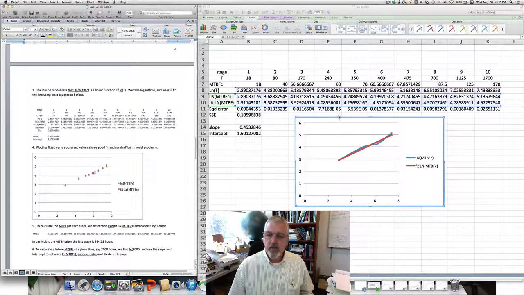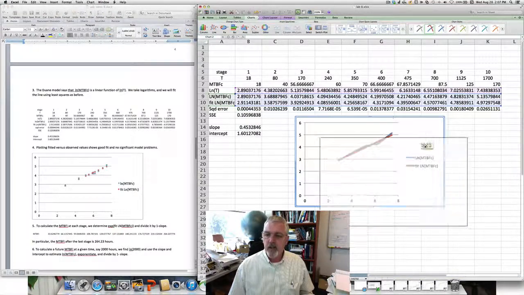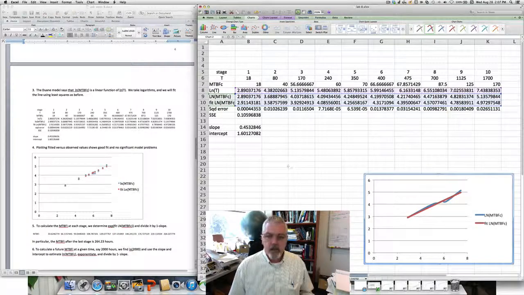All right, so this mean cumulative time between failures is not the actual failure time, it's the average of the failure time. So by stage 10, it looks like we're lasting a little bit longer. There's almost a 575 hour difference here, even though the cumulative average is only 170.